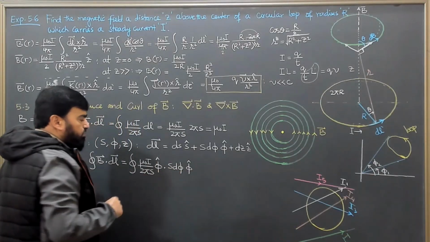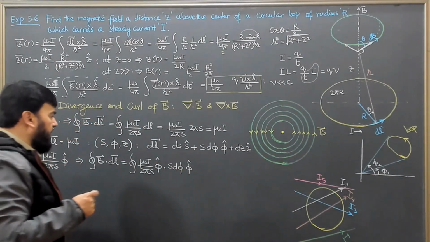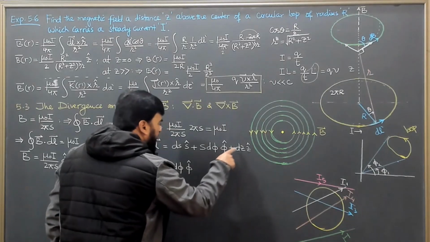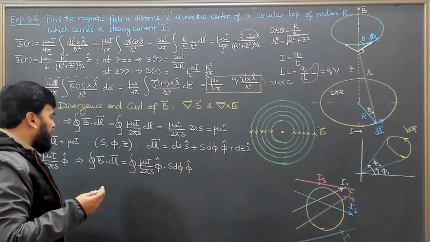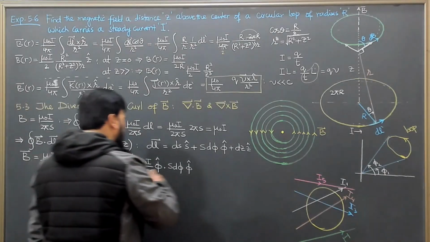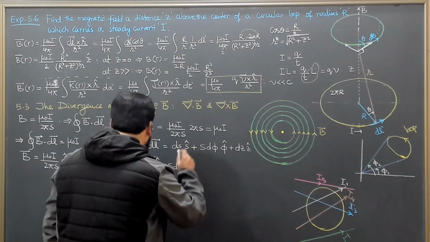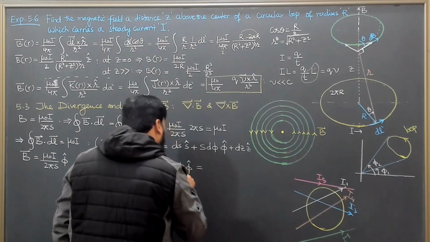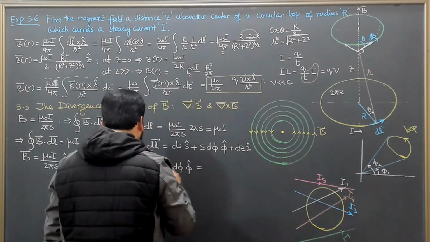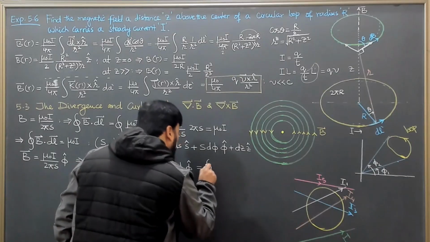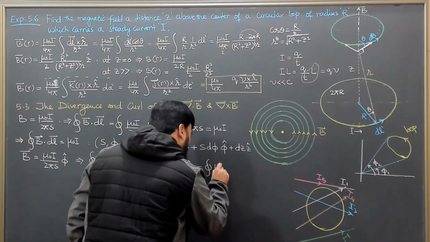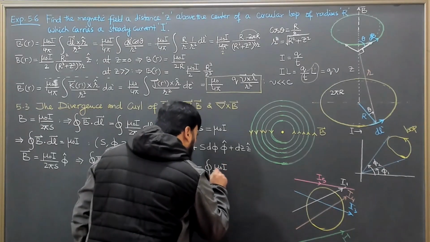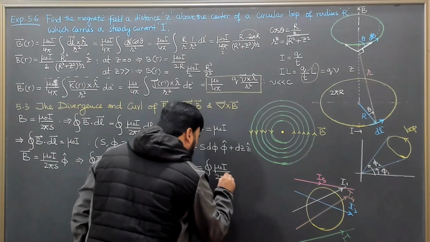It will be in the same direction, so it will give you 1 here, while with this one, it will again give 0. So we only write the non-zero terms; we are not writing the zero terms. So this is the integral on a closed path, and we have mu naught I over 2 pi s here.